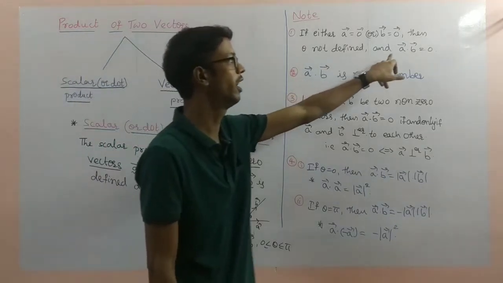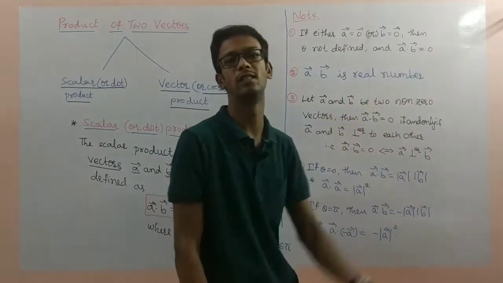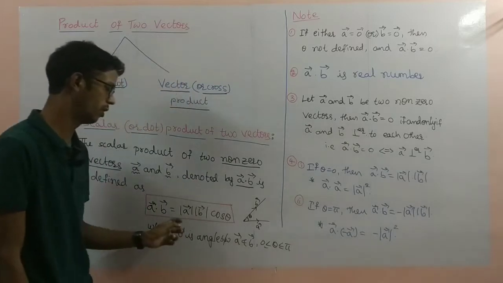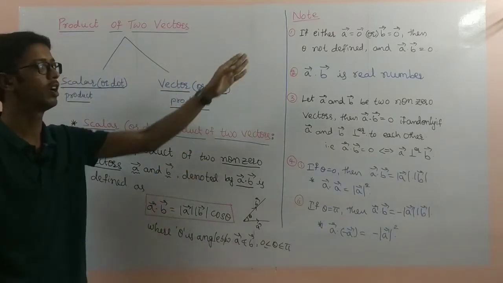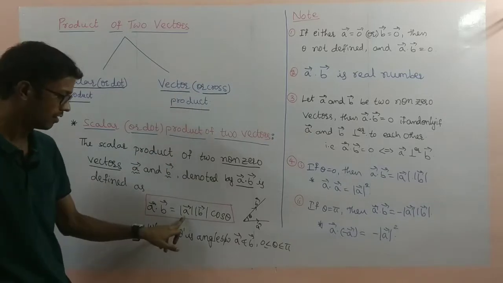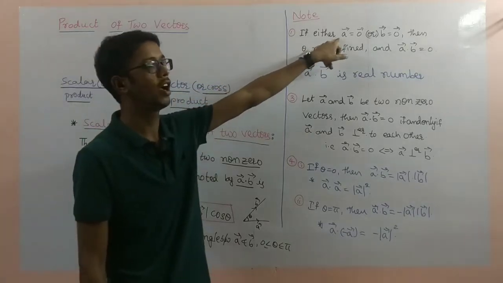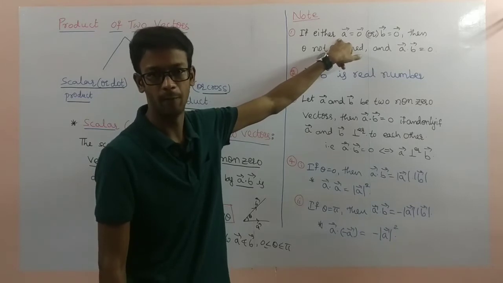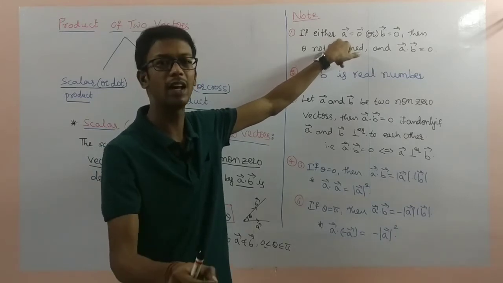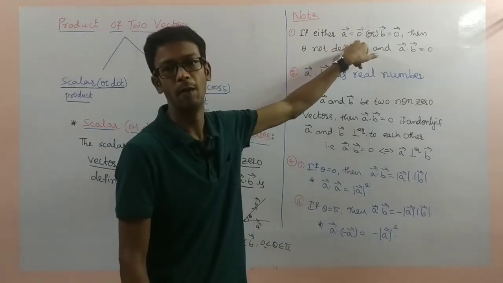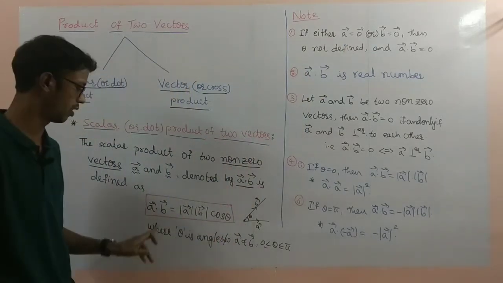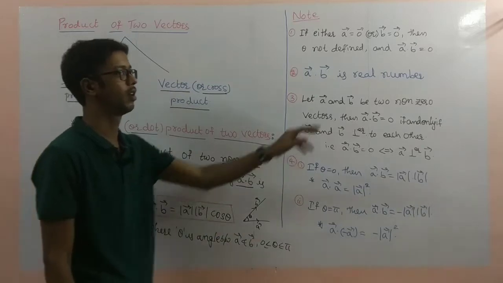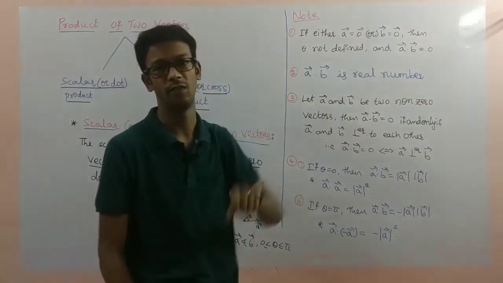The dot product will be 0, because the magnitude is 0. For example, if A bar is a zero vector, the magnitude of A bar is 0, so A bar dot B bar is equal to 0. That is the first point.